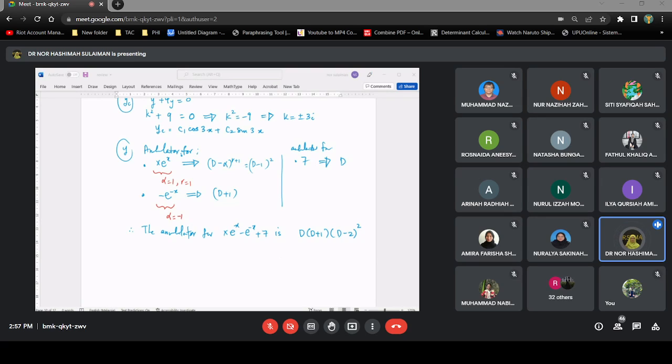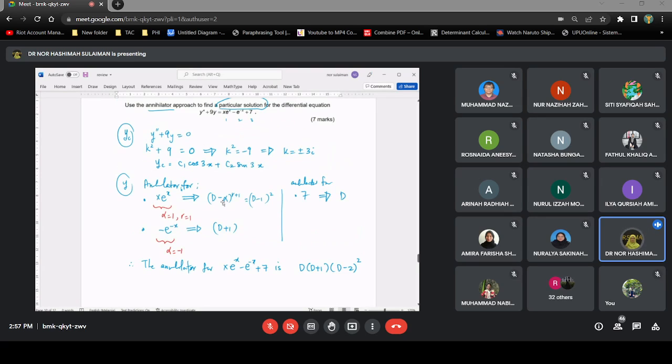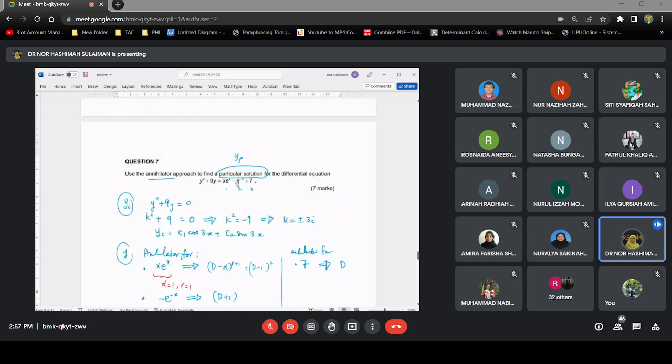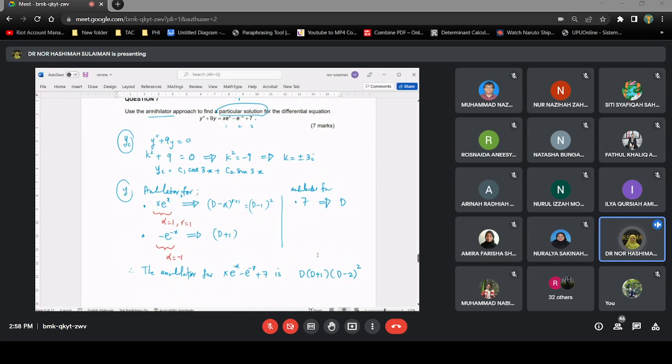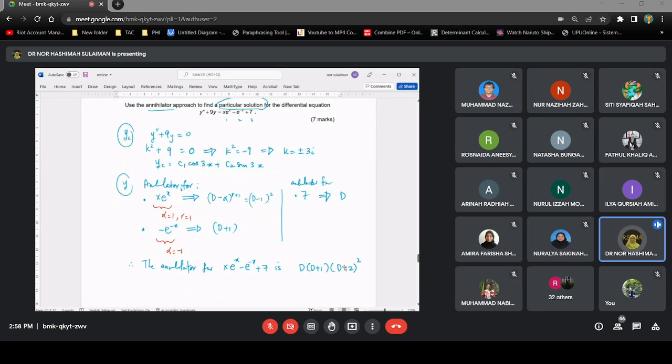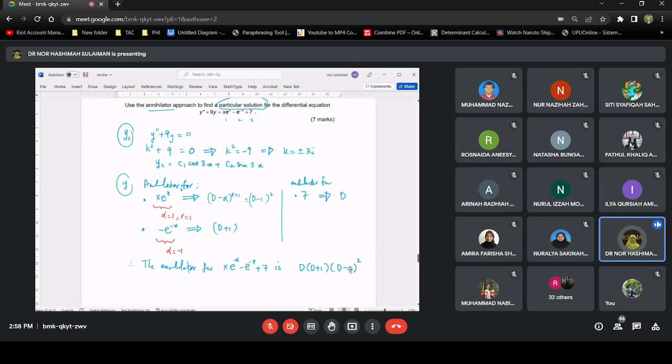Tapi sebenarnya kalau ini melibatkan hasil tambah ataupun hasil tolak, the corresponding annihilator ni mesti didarabkan. Jangan letak kat sini tolak, sini tambah macam tu. Mesti darabkan setiap satu tu. So dia ada syarat, dia ada property dia yang boleh refer pada nota saya. Saya tak nak ulang balik benda tu. Kenapa dia begitu, teorinya.